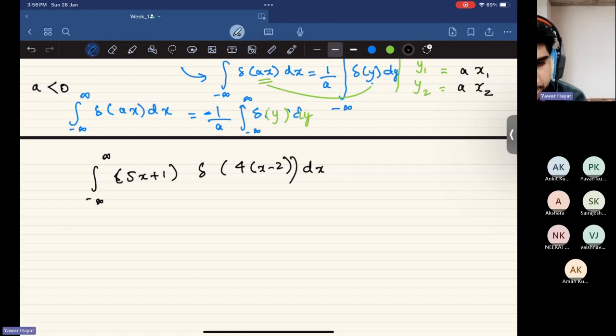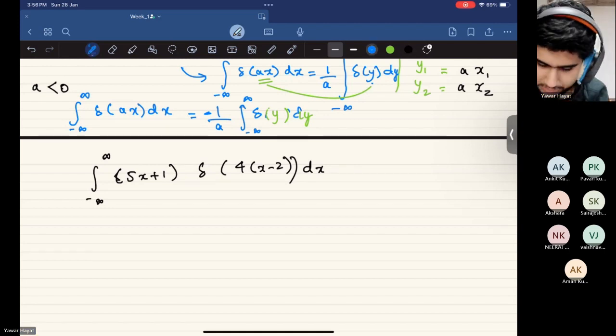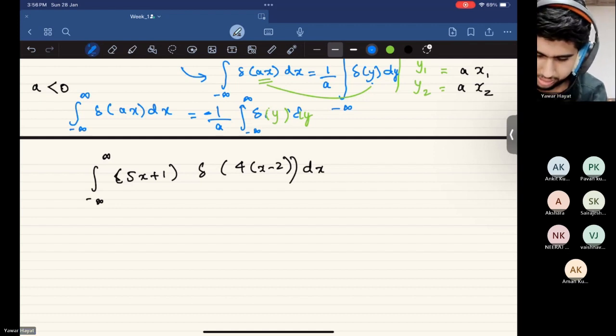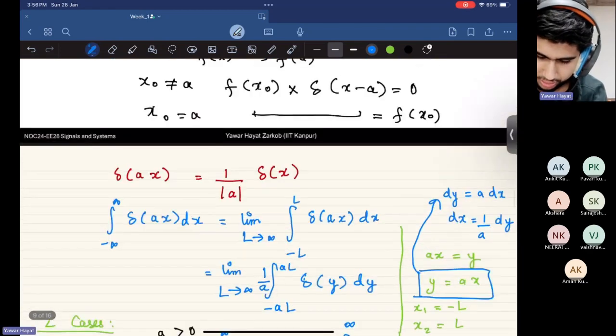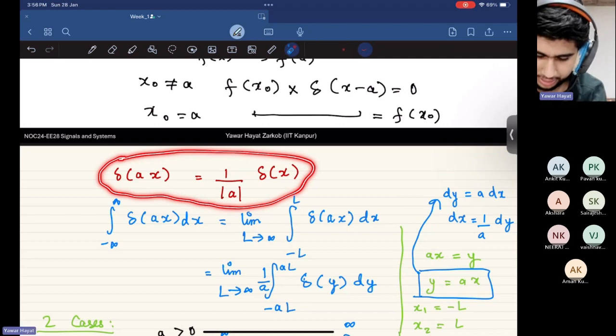Okay, can it be 11? Well, I guess we need to see that. The way we can solve it is as follows. We just saw this property, right, that you can replace this delta of x by 1 by modulus of x delta x.